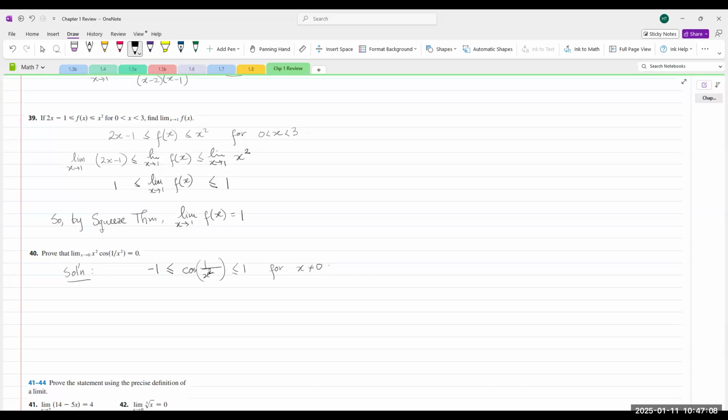Now, if I multiply each part of that inequality by x squared, I will get -x squared is less than or equal to x squared cosine of 1 over x squared, which is less than or equal to x squared. And if I apply the limit as x approaching 0 to all three parts of that inequality, notice that the upper bound and lower bound go to 0.